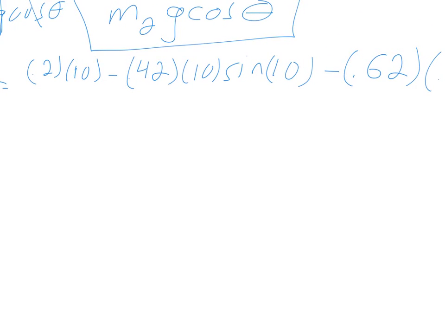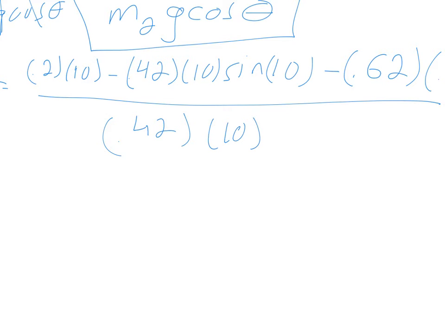And that is all divided by the mass of the second object, 0.42, times 10 times the cosine of 10.